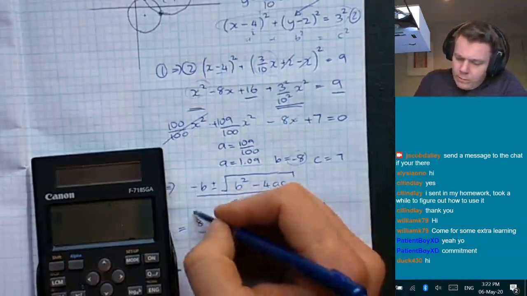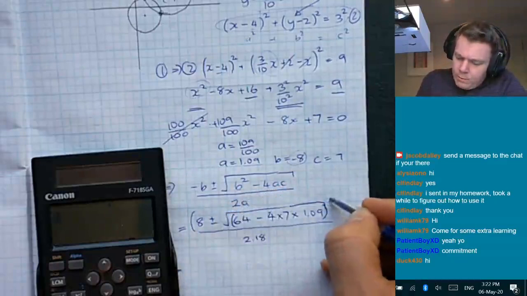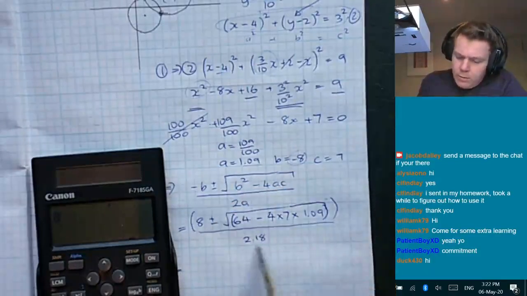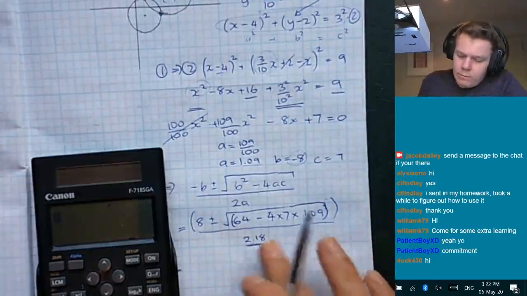Oh, and actually, we want a bracket here as well, because we're going to be dividing the whole thing by 2.18.